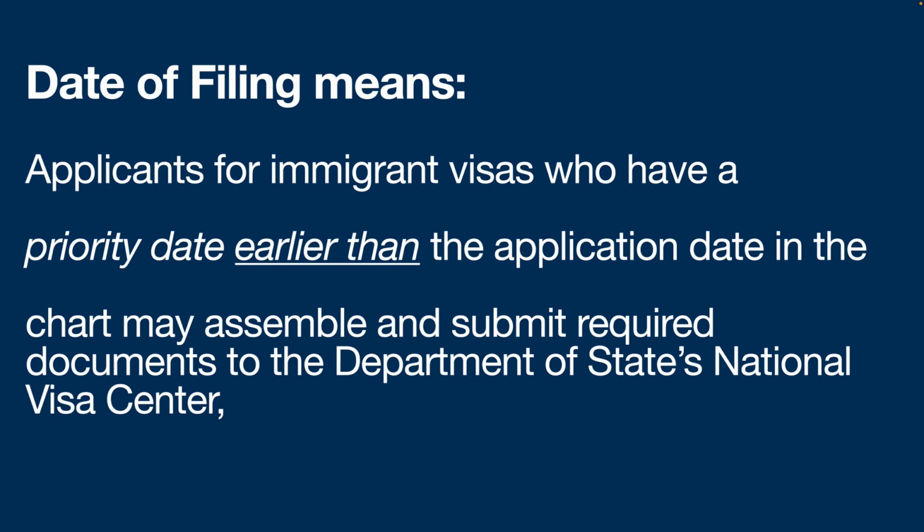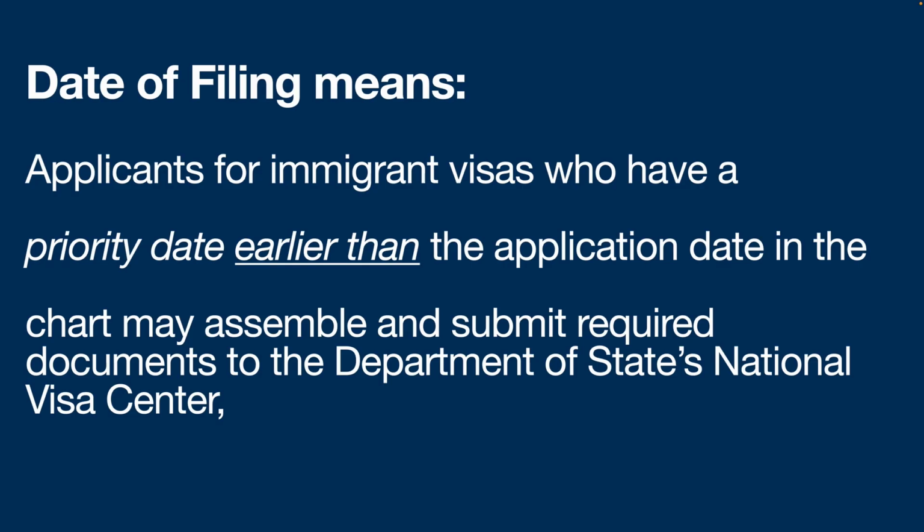Date of filing means applicants for immigrant visas who have a priority date earlier than the application date in the chart may assemble and submit required documents to the Department of State's National Visa Center. So please take note, guys, of these two terms that I'm going to use, the final action dates and date of filing. So let's discuss the first one.